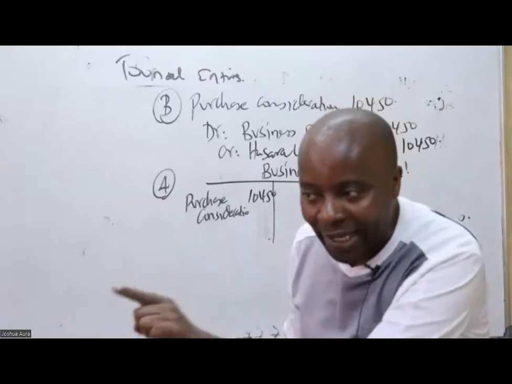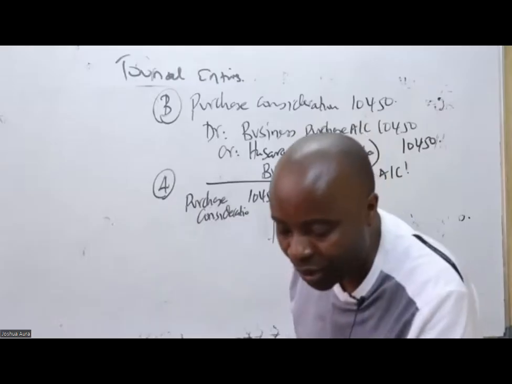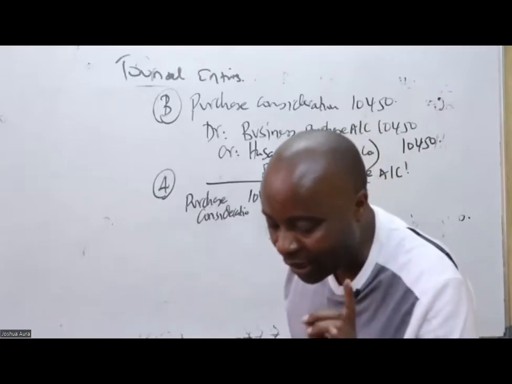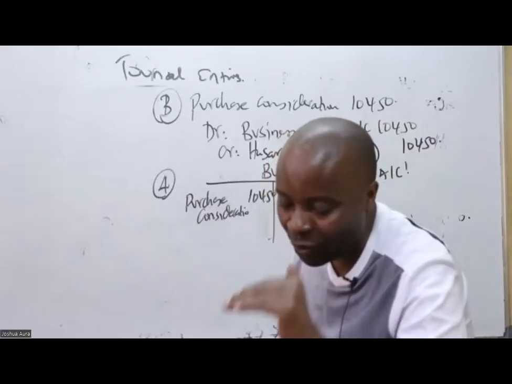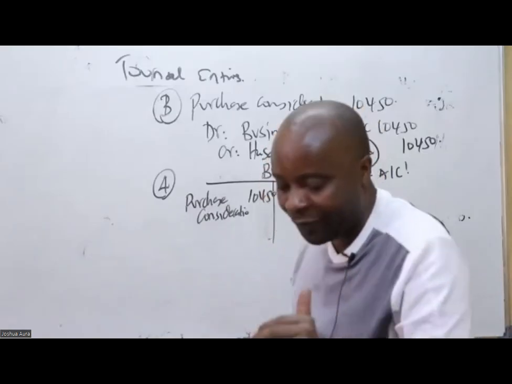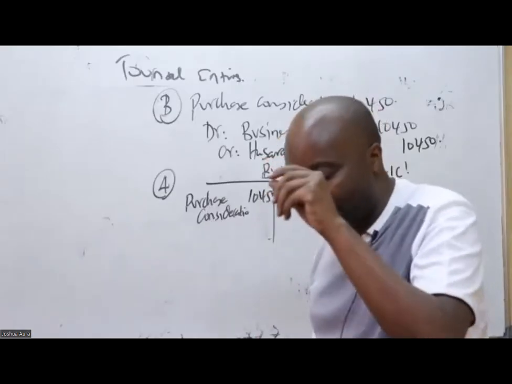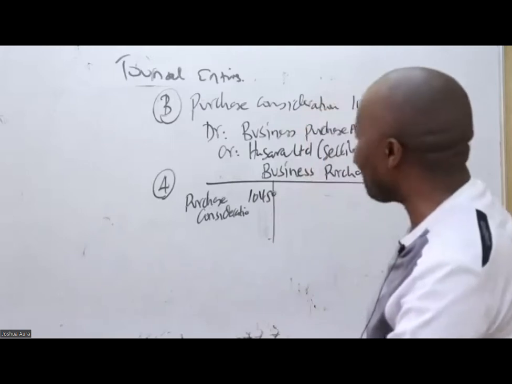For the assets taken over, I can see debit PPE, debit AFS, debit inventory, and then credit lastly business purchase, 11,599.